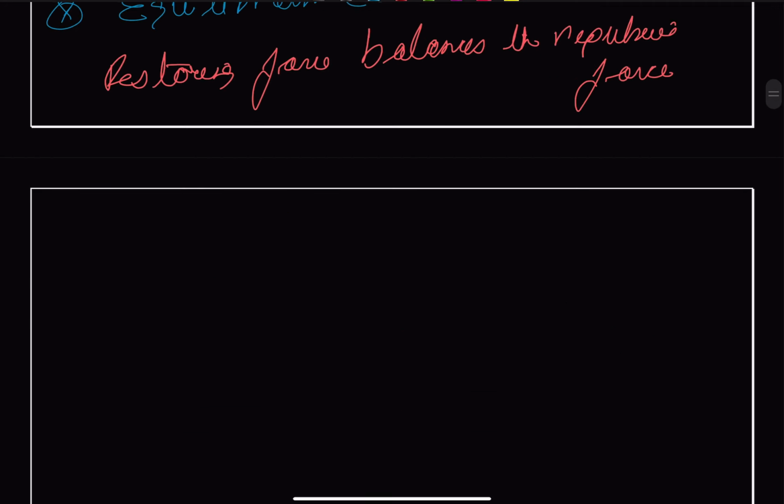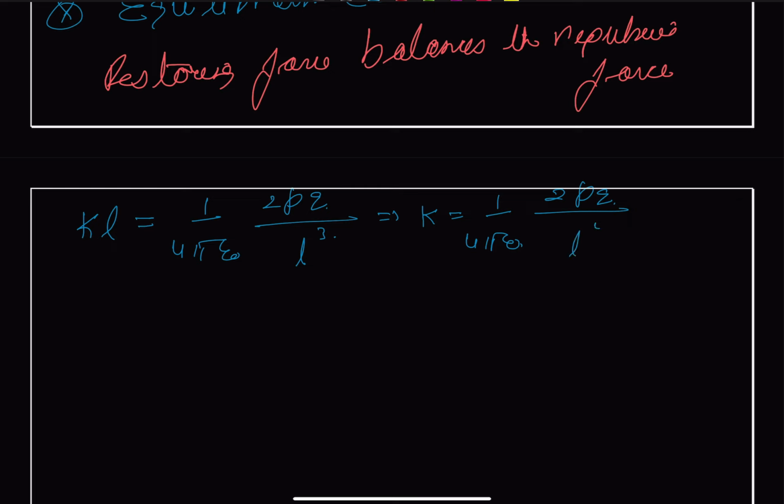So our restoring force, K times L, will be equal to 1 upon 4 pi epsilon naught, 2pq, and the distance in this case is L, so we replace r by L, so this comes as L cube. So this gives us spring constant K equal to 1 upon 4 pi epsilon naught, 2pq, L raised to power 4. Let us call this equation number 1.